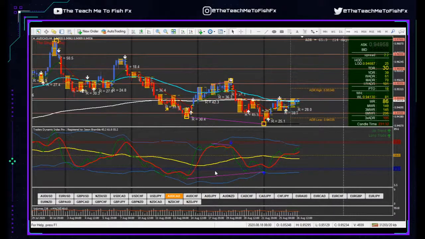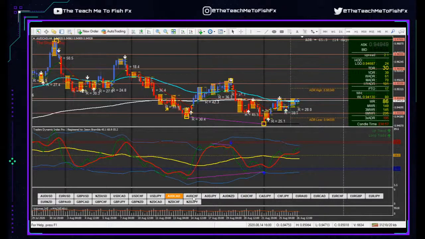But anyway, we actually had a signal on Aussie CAD at the beginning of the week. You would have gotten in on this candle here, and currently be up roughly 11 pips right now.